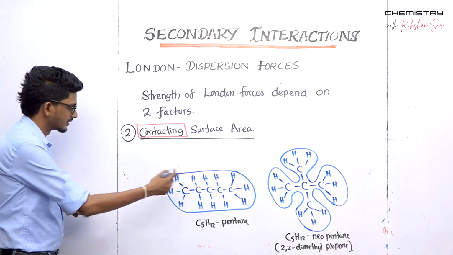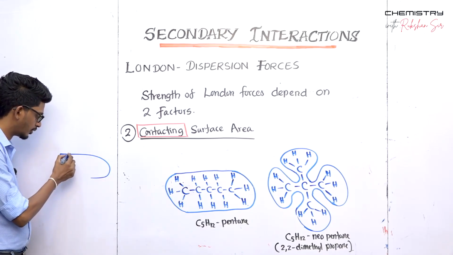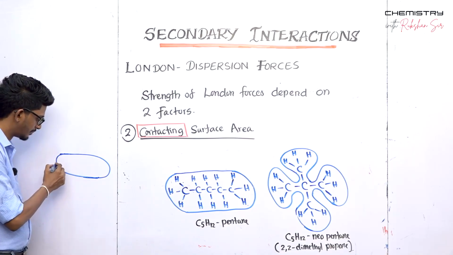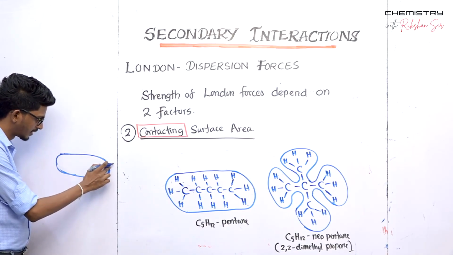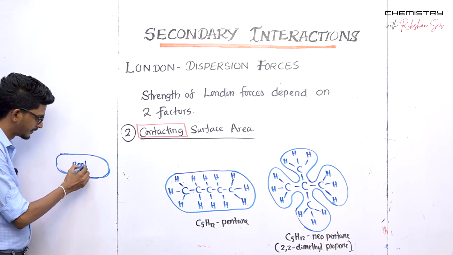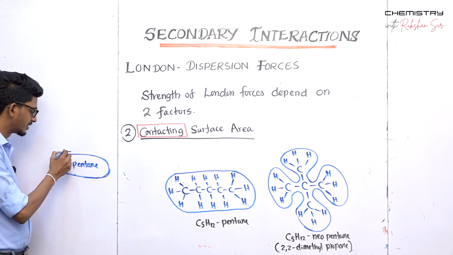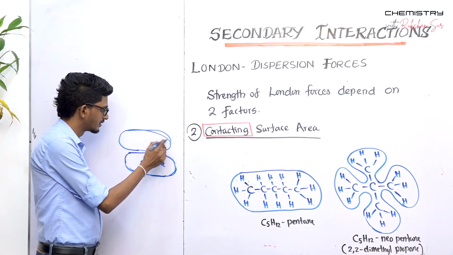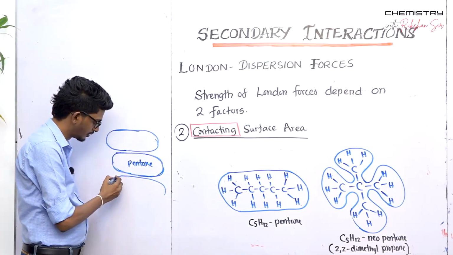If you take these kinds of molecules, I'll draw it simply. The pentane is like this. That pentane can connect with other pentane molecules like this. This is another pentane molecule.